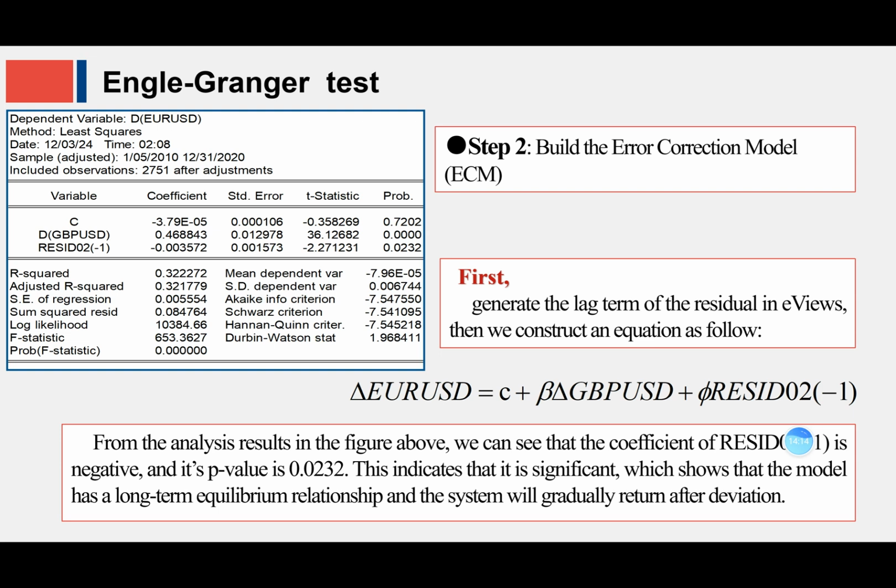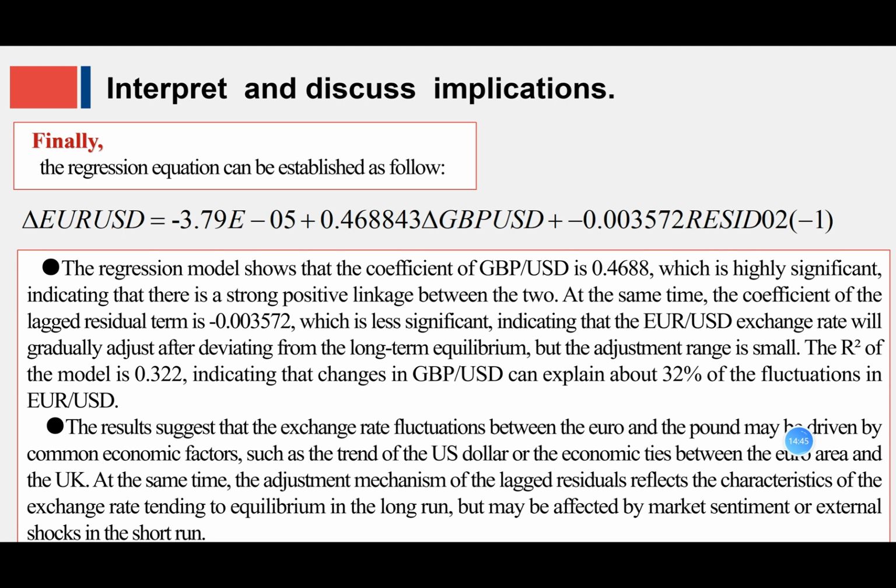From the analysis results in the figure above, we can see that the coefficient of the resid02 is negative, and its p-value is 0.0232. This indicates that it is significant, which shows that the model has a long-term equilibrium relationship and the system will gradually return after deviation.